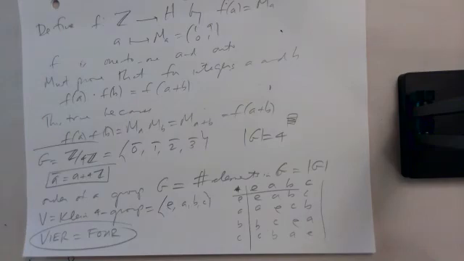But in order to be isomorphic, the function also has to have additional properties, where f of x1 plus x2 equals f of x1 plus f of x2 in both of them. So basically y1 plus y2 has to be y3 if x1 plus x2 is x3 in the original function.